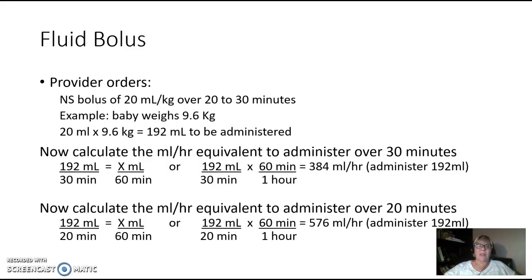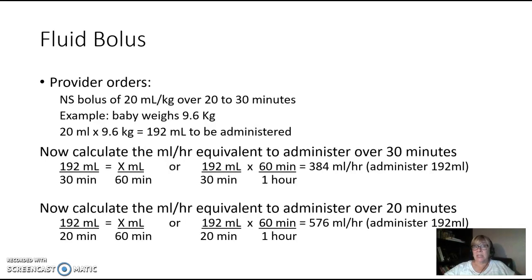We want to give 192 over 30 minutes, and you can set that up with ratio proportion across the equal sign and cross multiply if you like that, or you can set up as dimensional analysis where you cancel the minutes and end up with mLs per hour and just set up the equation where you work across. Either way, you end up with 384 mLs per hour. That's how we're going to set our pump.